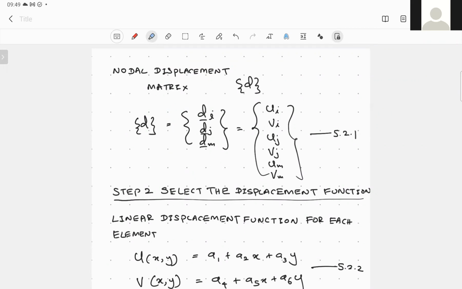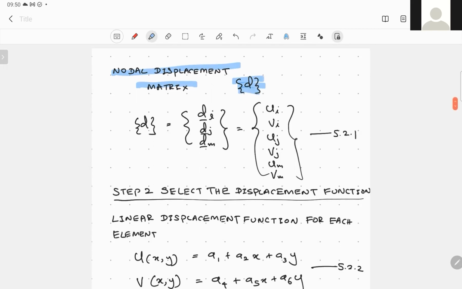Why are we interested in the displacement function? Because when we are deriving a stiffness matrix, we are trying to express the forces or stresses applied on this component using the nodal degrees of freedom. And the nodal degrees of freedom are defined by the displacements of the corresponding nodes. For this, we defined a nodal displacement matrix d, which has three components.